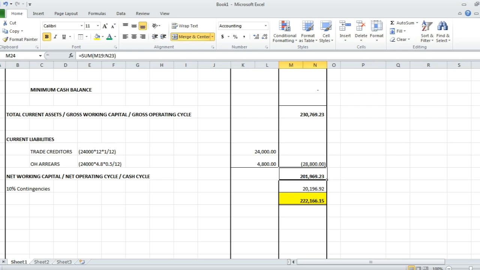And we have to add the 10% contingencies on the net working capital. 10% contingencies is 20,196 rupees 92 cents. So total net working capital after adding the contingencies is 222,166 rupees 15 cents. So this is the final answer for this question.